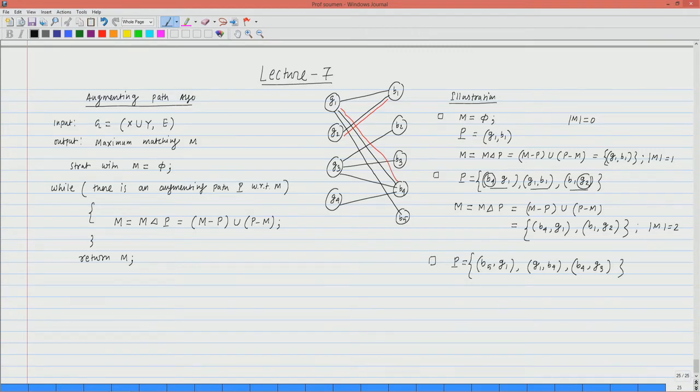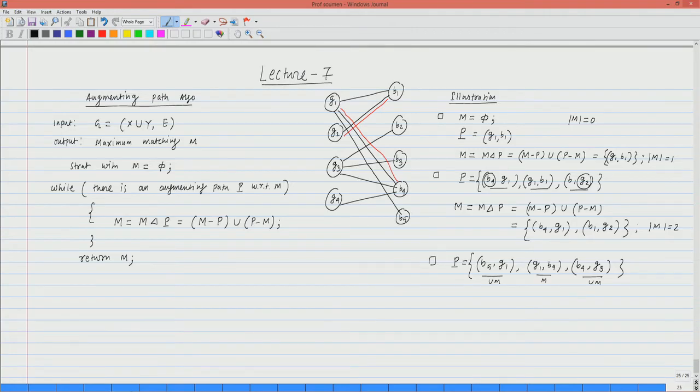That is all. This is an alternating path because this edge is unmatched, this edge is matched, this is unmatched, and this is unmatched, and this vertex B5 is an unmatched vertex and G3 is also an unmatched vertex, right.